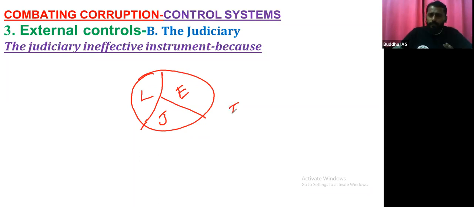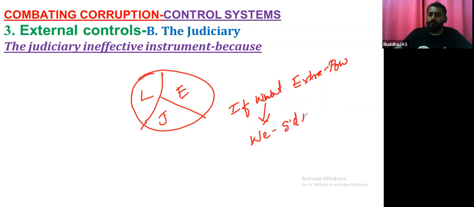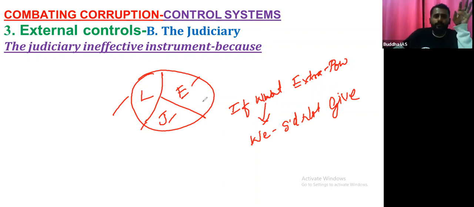My question is, if we want to give some extra power, then to which branch should we not give extra power among the three? Is it the legislature or the judiciary? Why? My question is, okay, we got answers already.